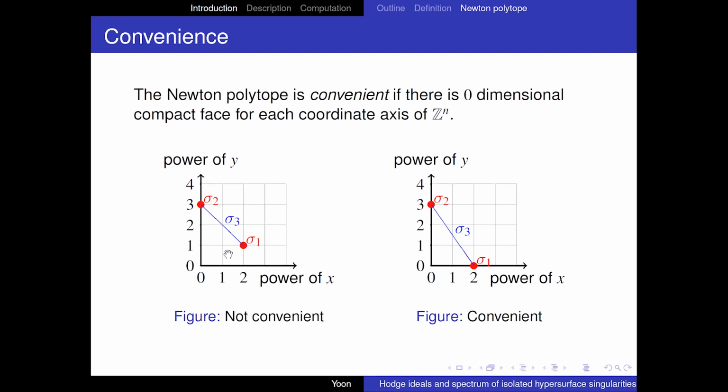So the left one is not convenient. We have a compact face on the y-axis, which is sigma 2, but we don't have a compact face on the x-axis. But the right-hand side is a convenient case. Both axes have a compact face.